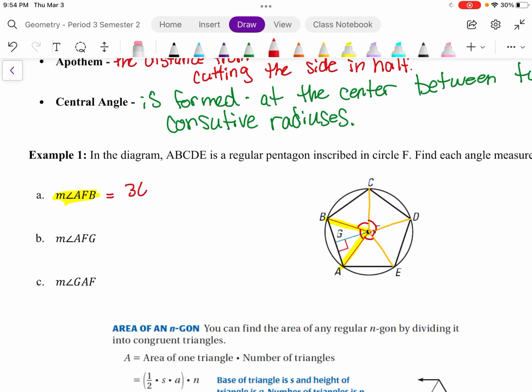So to find the measurement of this angle, we're going to take 360 degrees, which is the distance going all the way around the circle, and we're going to divide it by 5, which is the number of side lengths and the number of central angles that can be formed.